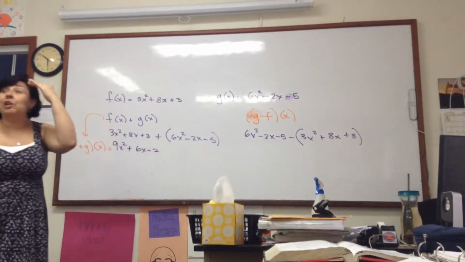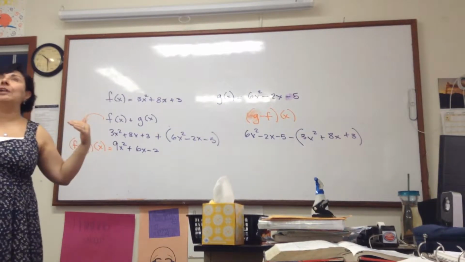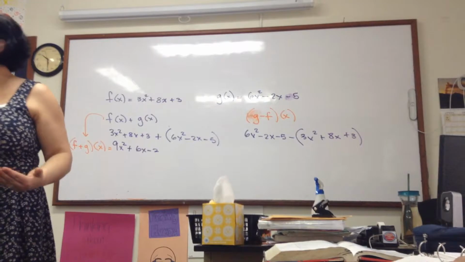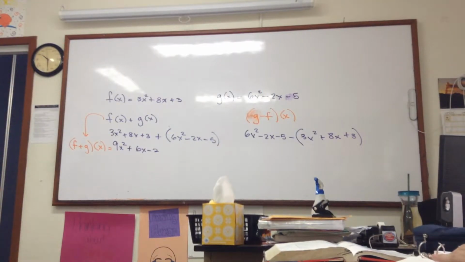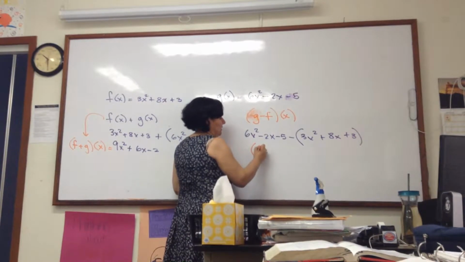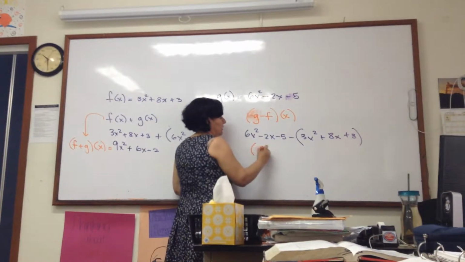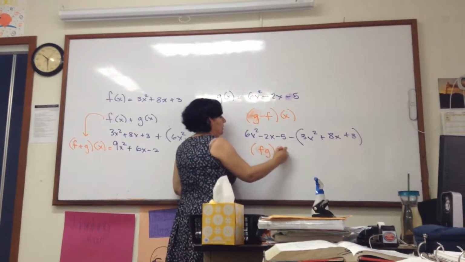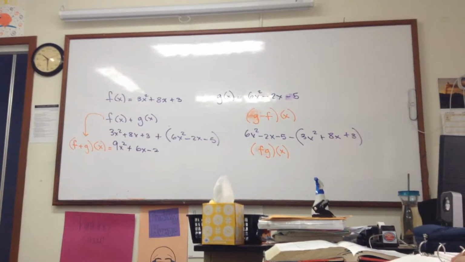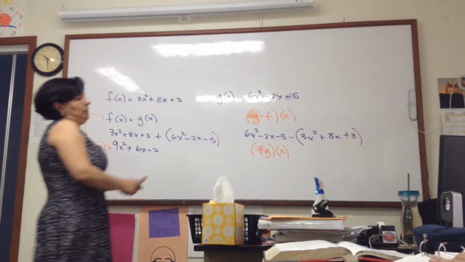So out of logic and based on past experience and what you just learned, how would you do this? 3x squared plus x plus 6, multiply. You multiply.